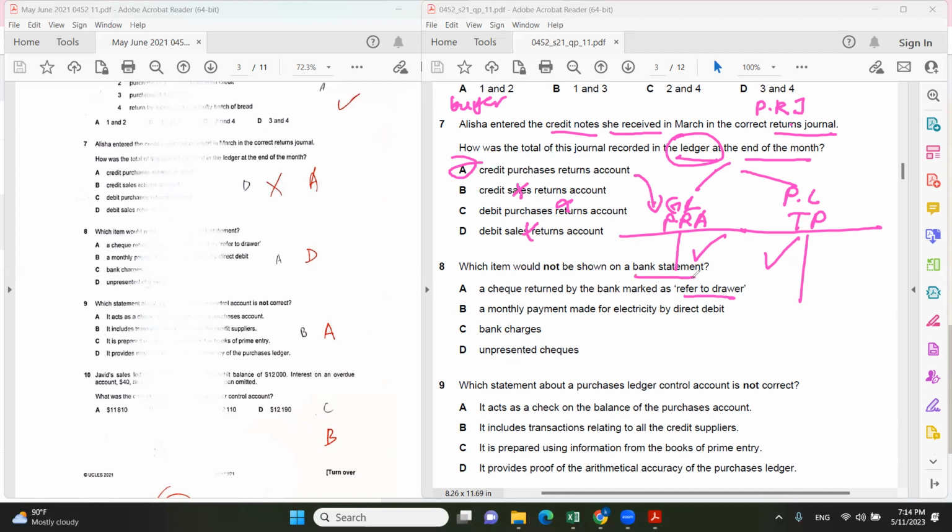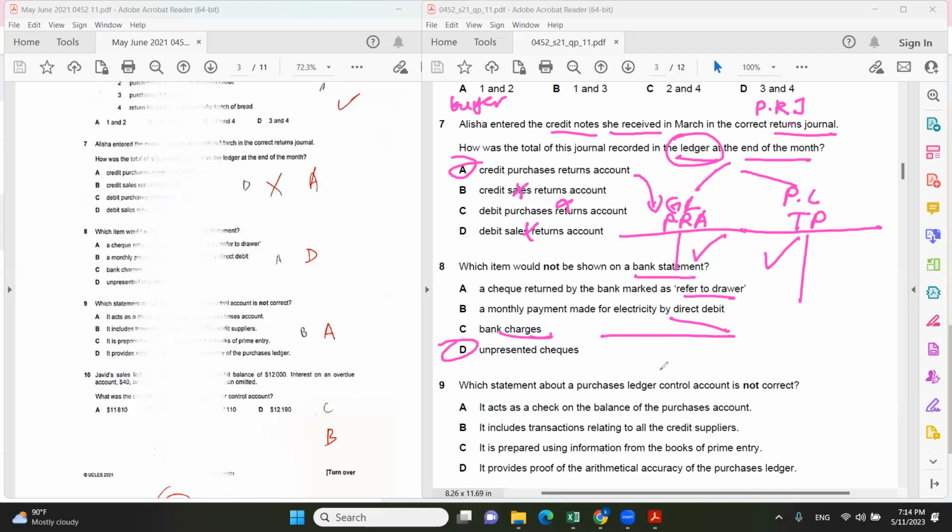So it will appear in the bank statement first, and only after that the trader will know. A monthly payment made for electricity by direct debit. Direct debit also, the bank will know first, so the bank statement should be updated already. Bank charge is recorded by the bank first because they charge us the amount. So this one also appears in the bank statement.